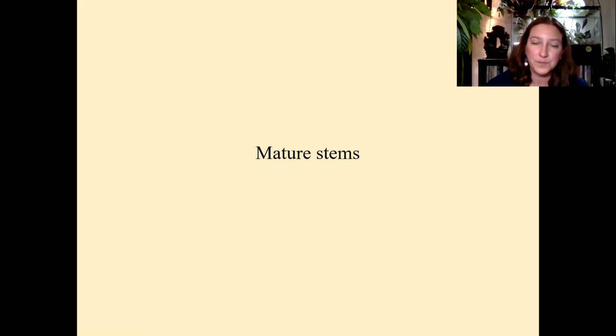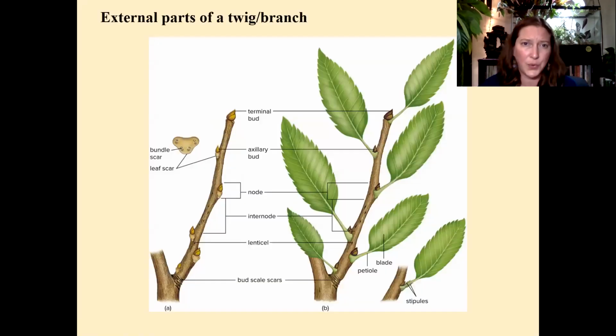It's something we have to discuss so that things make sense later when we're talking about other stuff. Okay, so let's talk about mature stem. By mature, I'm talking about twigs and branches and trunks. So here is a twig, or a small branch, and some of the players that we're used to seeing. Here's our terminal bud.